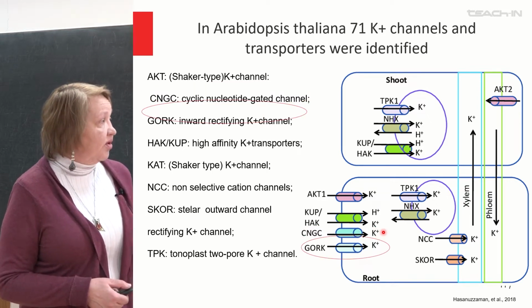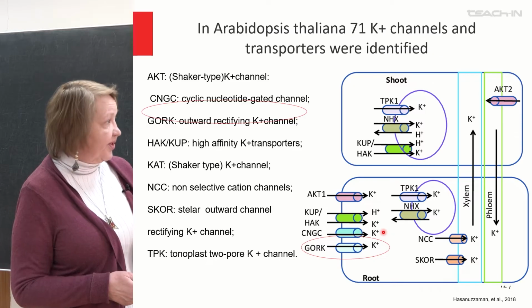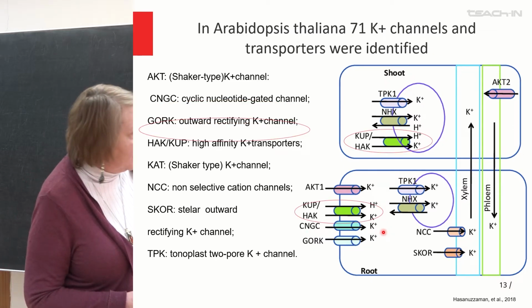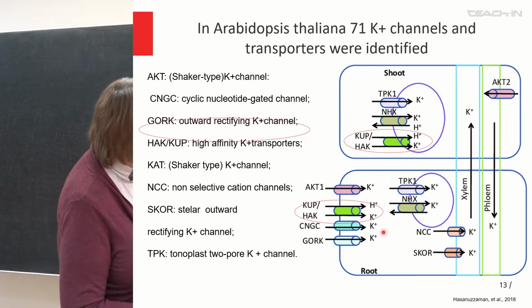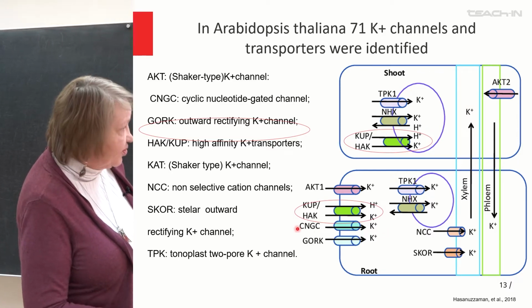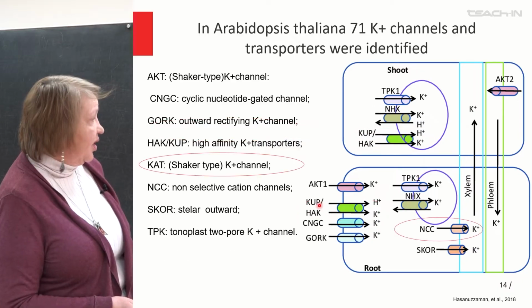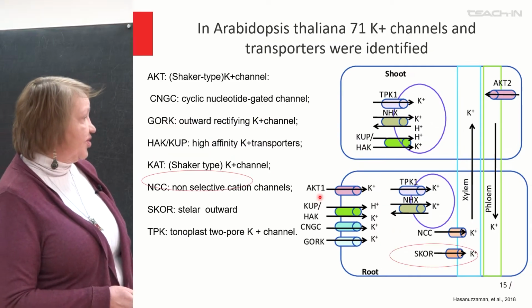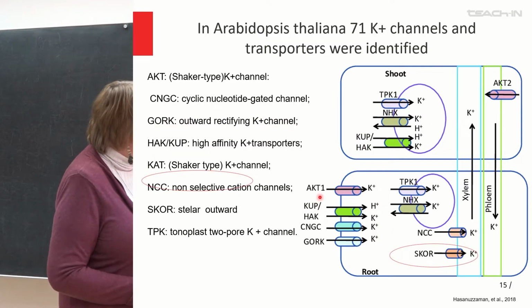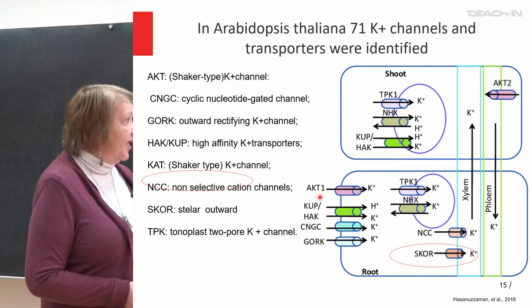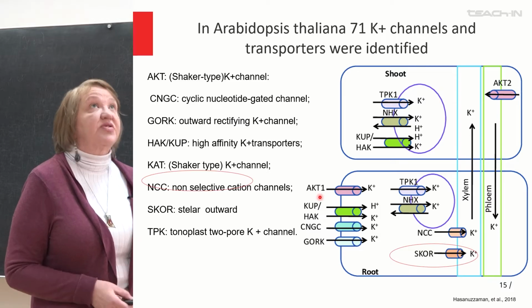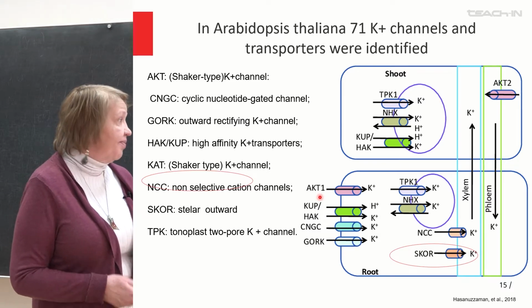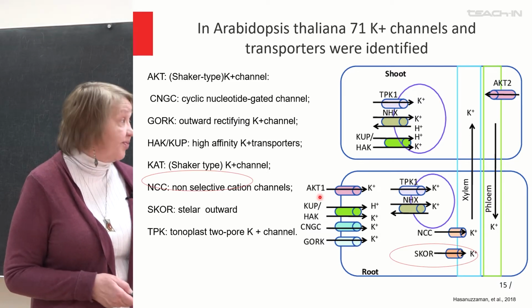Then there is an outward rectifying channel, high affinity transporters also in the root, shaker type potassium channels, and non-selective cation channels. So not all potassium channels are highly and exclusively selective for potassium. Some can let other cations through.